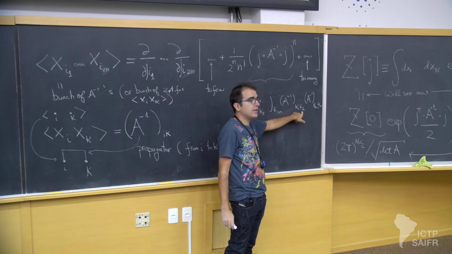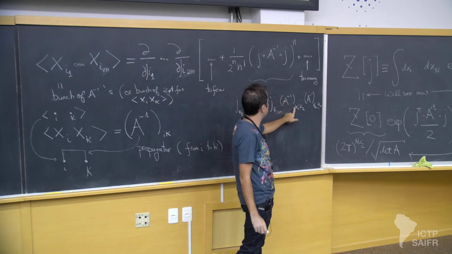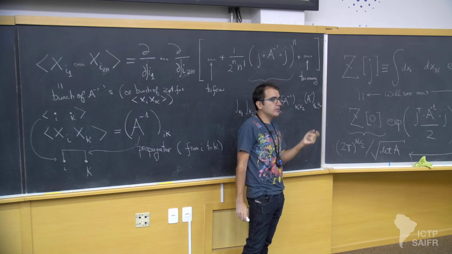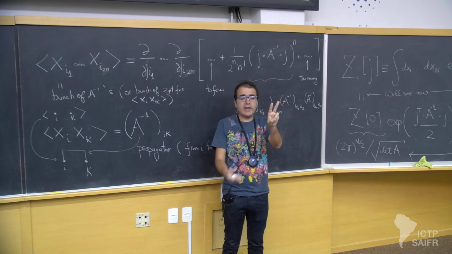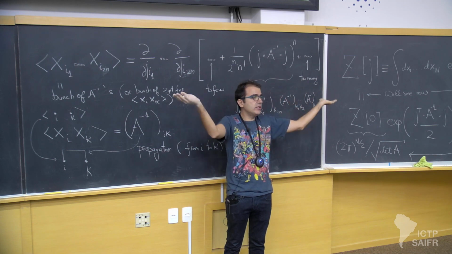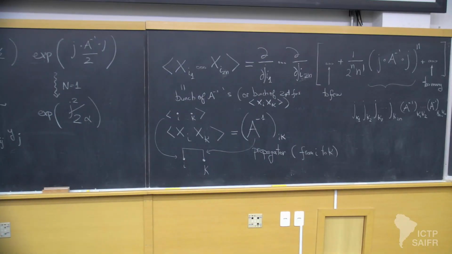But if they act on different j's, one index will be in one matrix, the other will be in the other matrix. So each matrix A minus 1 will have two indices that are a pair of the outer indices. So the result is that I should take these indices and sum over all possible pairs, all ways of pairing the indices.